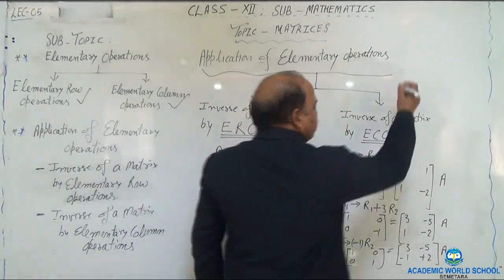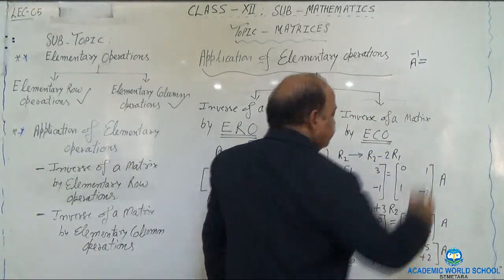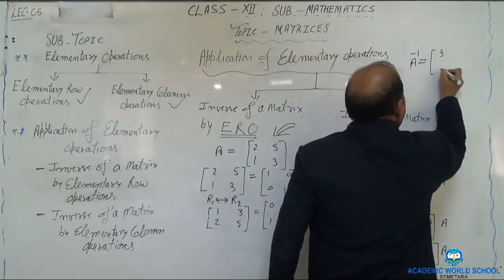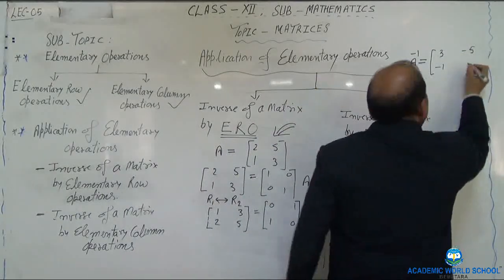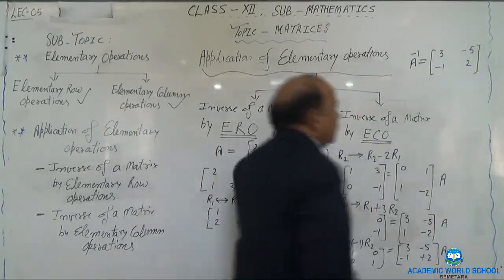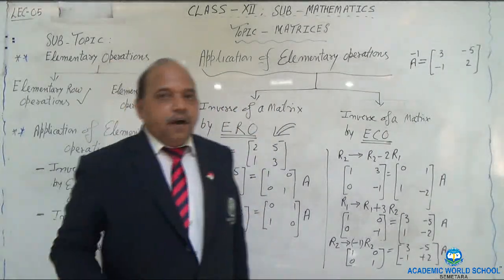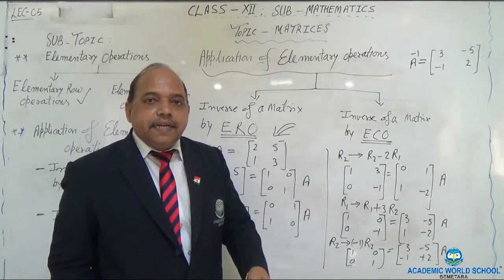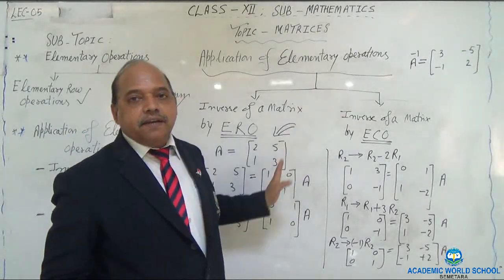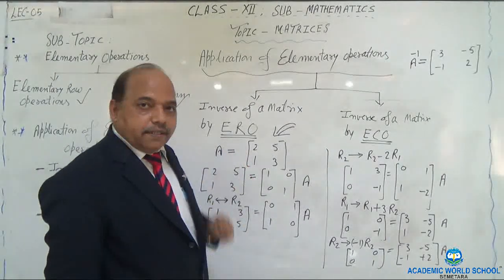So you can say that A inverse is 3, minus 1, minus 5 and 2. You can cross check: just multiply these two, and if the result is the identity matrix, it is the inverse. This is the example of a 2 cross 2 matrix.